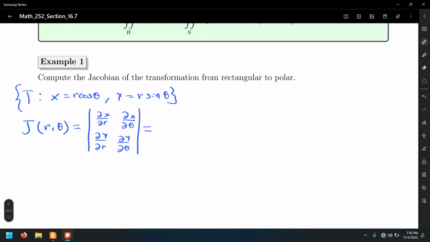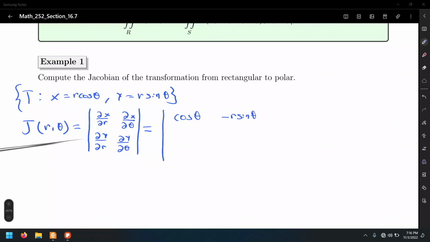Alright, so let's take those partial derivatives. We need the partial derivative of x with respect to the radius. The derivative of r is 1, which leaves us with cosine. The derivative of x with respect to the angle: the derivative of cosine theta is negative sine theta, times r, which gives us negative r sine theta.